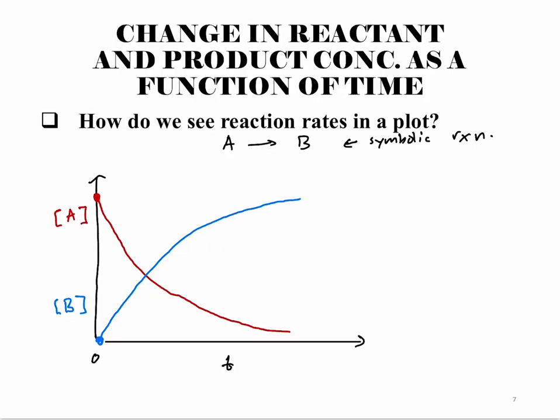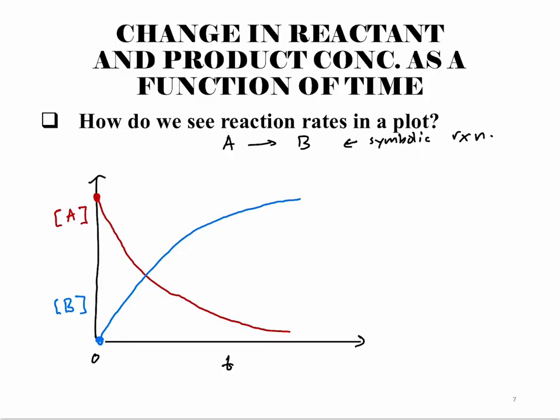And so how would we see the reaction rate on a plot like this? Well, the reaction rate was defined as what again? The change in what over the change in what? The change in concentration over the change in time, right? So we're going to have some interval here, and I'll use a different color, purple, for example.